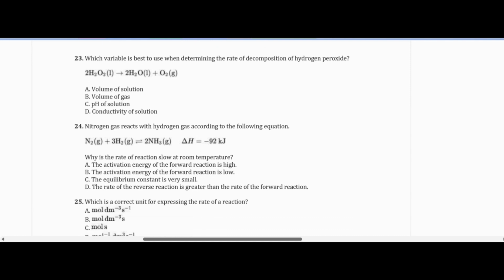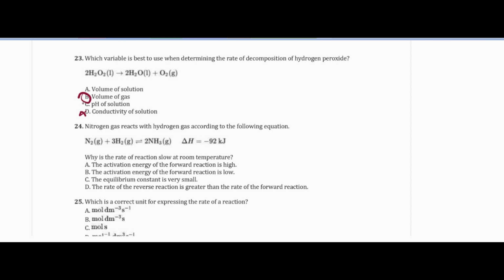23. Which variable is best to use when determining the rate of decomposition of hydrogen peroxide? Well, we're giving off a gas, so that should point us towards volume of gas released. There's no ions present, so it can't be conductivity.